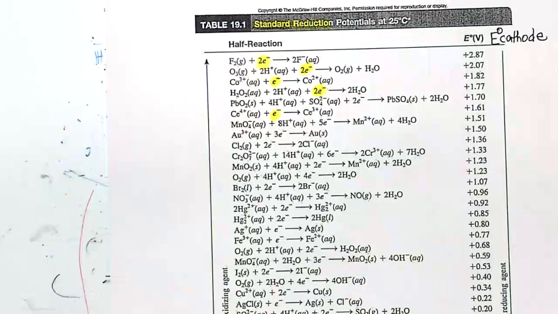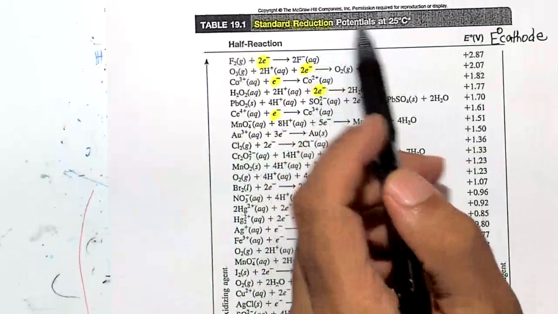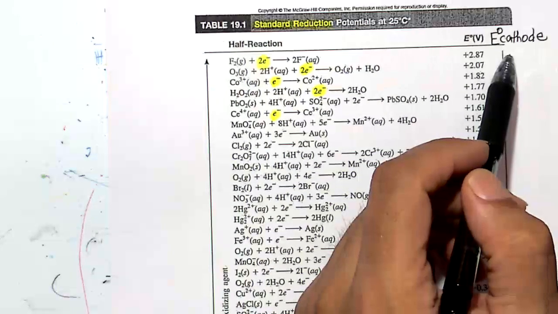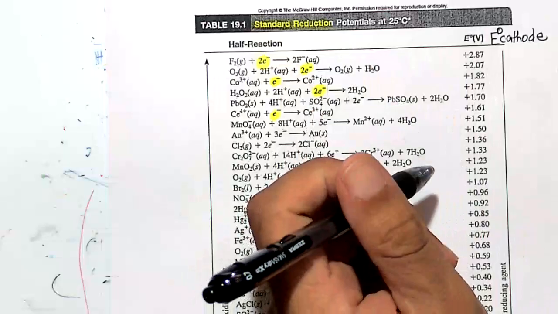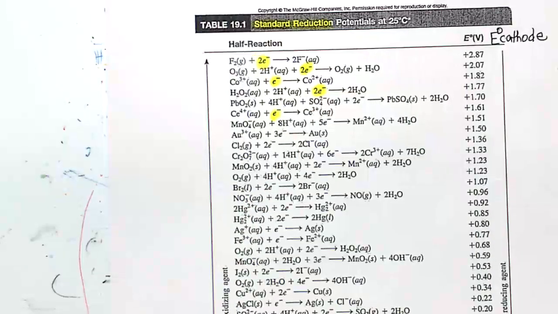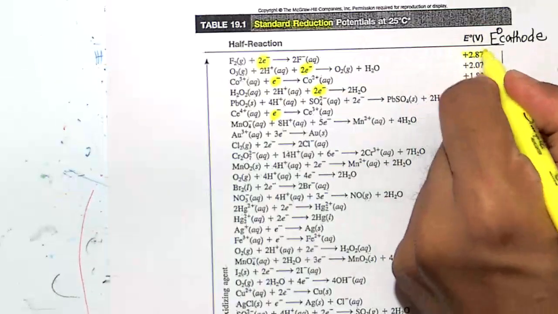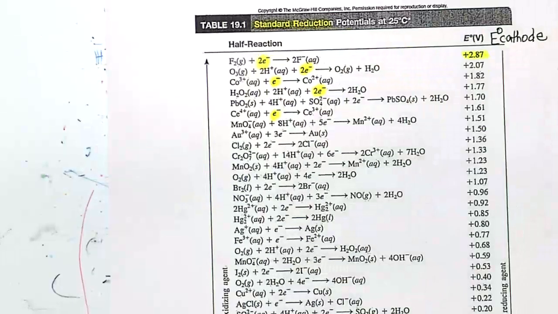Oh, okay. All right, so this is another way of saying E cathode. Now, this is just common sense, so please think about this with me. If you have a positive voltage, what does that mean?